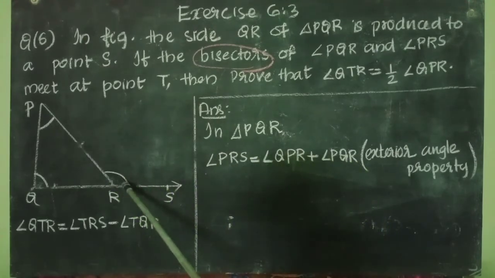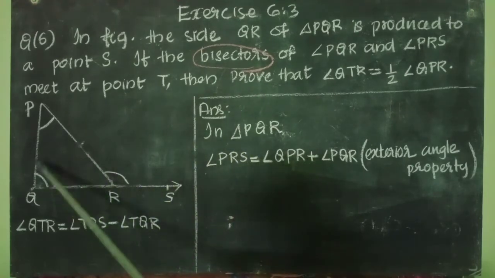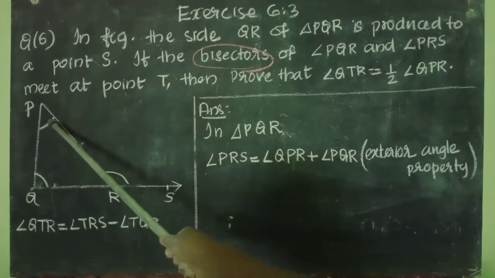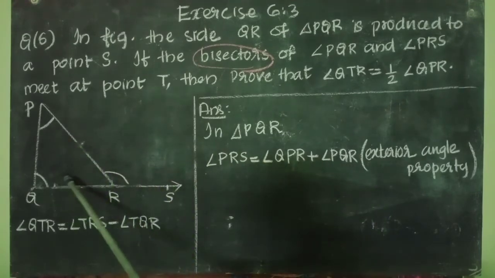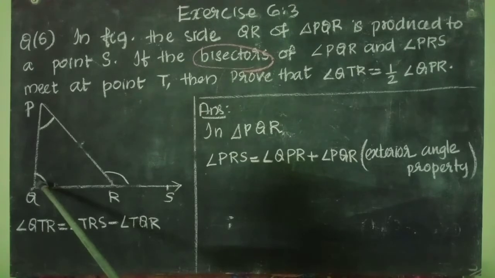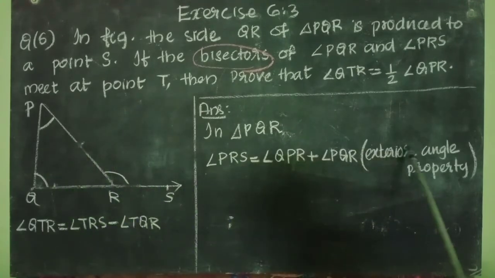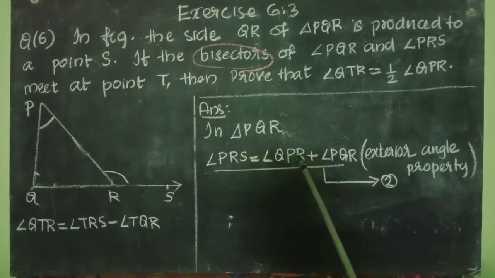PRS is this exterior angle, QPR is this interior angle P, and PQR is this interior angle Q. Let us keep this as equation number 2.